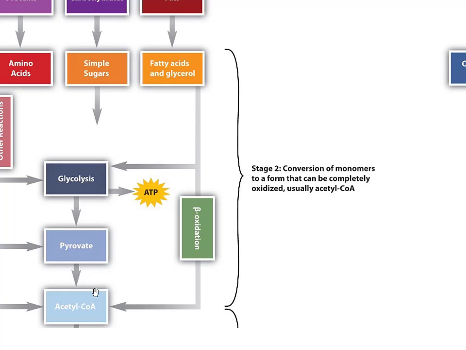Acetyl-CoA is really acetic acid, which has a little tag on it, the CoA. So it has 2 carbons, and most of the carbons in amino acids and simple sugars and fatty acids and glycerol end up as this 2-carbon molecule.